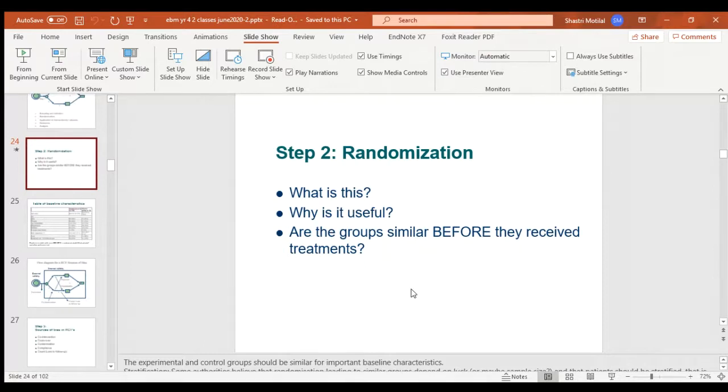So when you give people the treatment, you're really sure if you see an outcome, the outcome is because of the treatment and not any differences in the groups, right? So that's the idea in randomization. Randomization aims to produce two groups that are identical. So when you give treatments and you see an outcome, you're thinking, all right, this treatment worked or it didn't work. The only difference in the groups was the treatment.